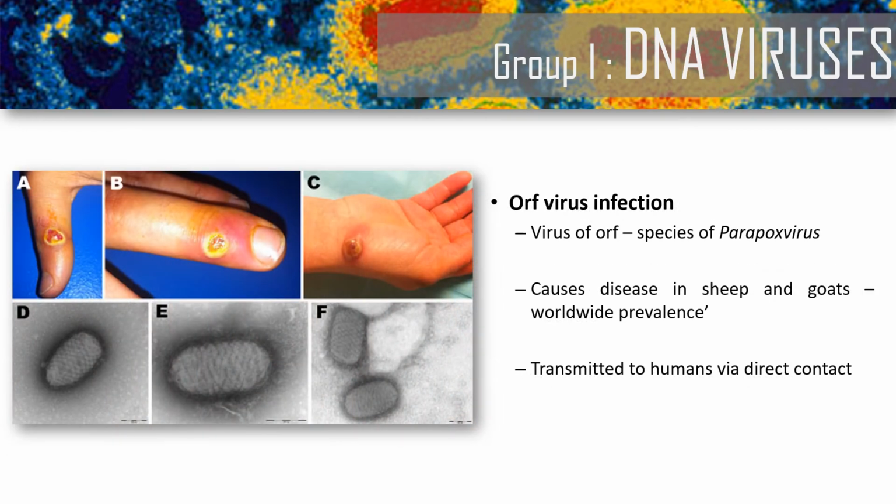And we have your Orf virus, okay, virus of the Orf, species of parapox virus caused by disease in sheep and goats, okay, worldwide prevalence, transmitted to humans via direct contact again. So the same with the other explanations class, with the possible culture again, and then occupational contact.